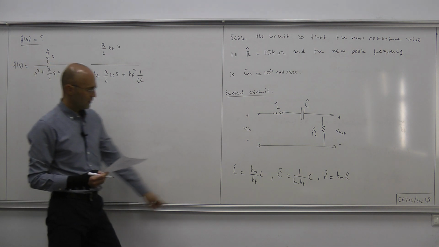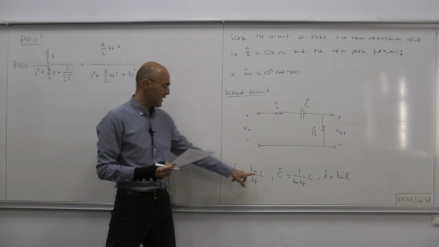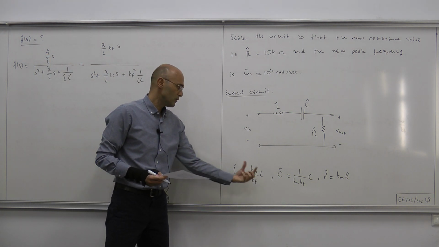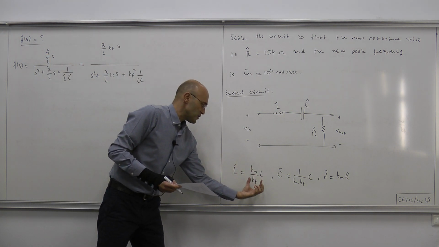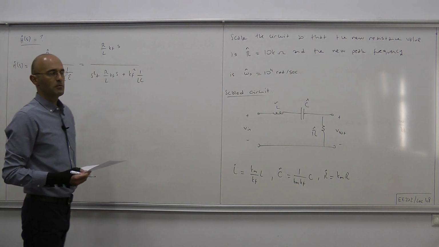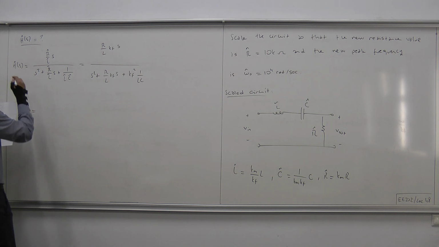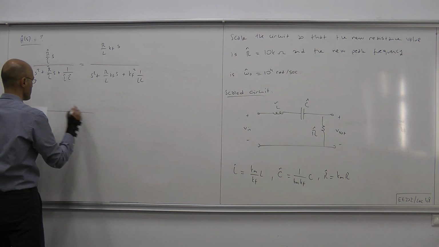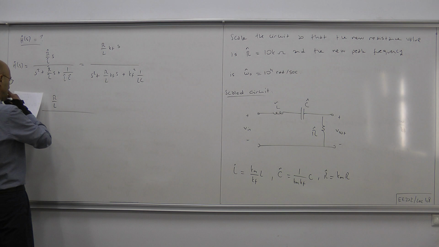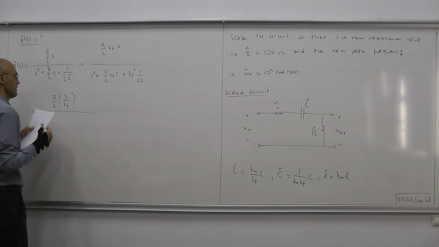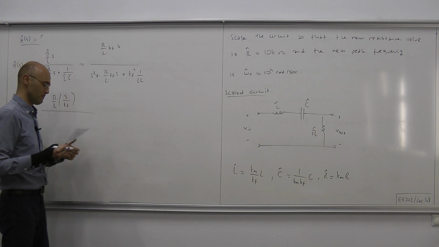Okay, all we did was replace l hat, c hat and r hat with their expressions in terms of the scaling factors and the old parameter values. And then this h hat of s can be written as r over l s over kf. If you will, you can call it s hat.